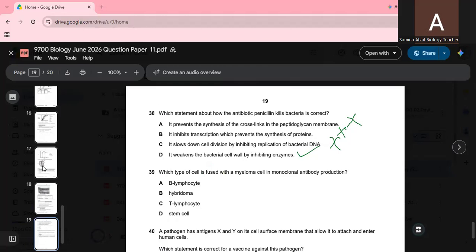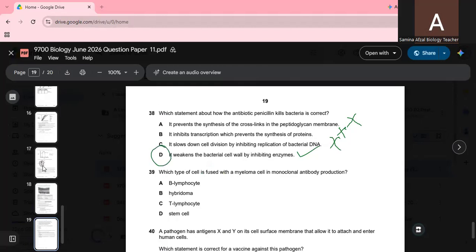This weakens the bacterial cell wall, causing lysis and bursting of the cell under osmotic pressure. So according to this, D is the correct option.